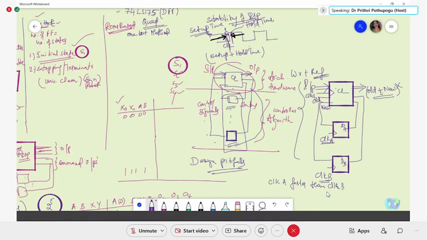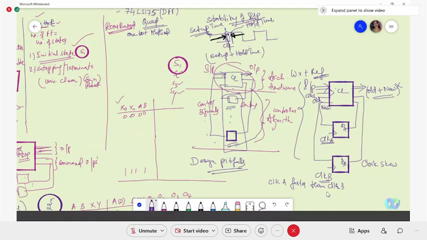So this type of incorrect values that are getting generated because of the mismatch in the clock speeds or synchronization of clock elements, if it is not there, that we call it as clock skew. The wrong value that is getting generated because of the unsynchronized clocks is called clock skew.